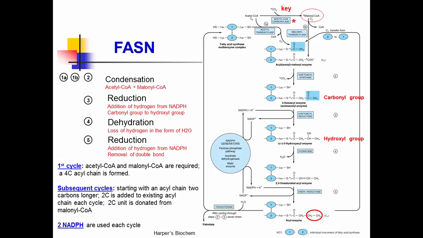In the first cycle, acetyl-CoA and malonyl-CoA are required, and both molecules are attached to the fatty acid synthesis enzyme complex. This represents the complex of fatty acid synthesis with its two ends, the cys SH and pan SH tail I already told you about.